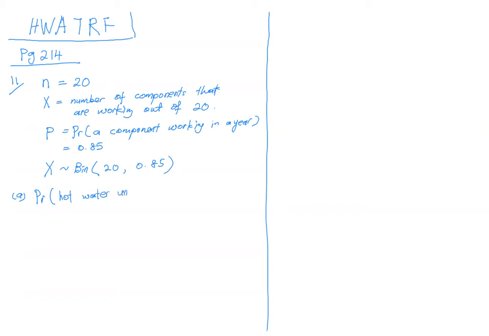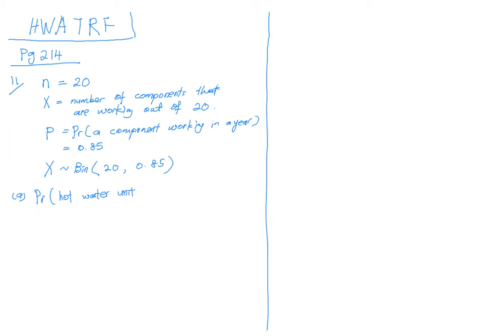So isn't PR the success, but 0.85 is failure? They said the probability that an individual solar component will fail in a year is 0.85 will fail. So what should I write there?